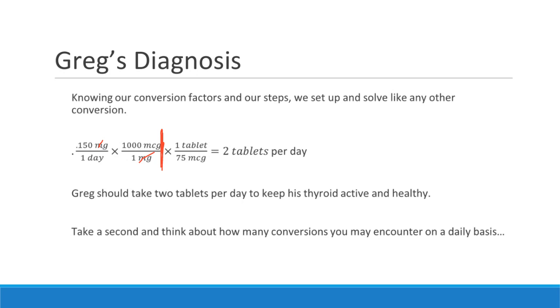And then times 1 and then divided by 75 is going to be 2 tablets. And because micrograms is crossed out, and tablets and day are still present, you could say that he should take 2 tablets per day, right?